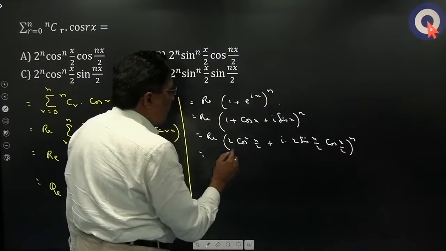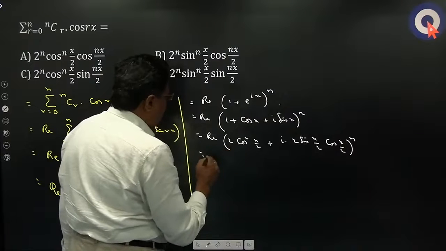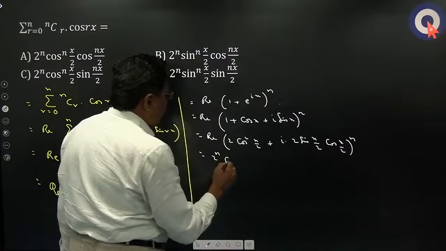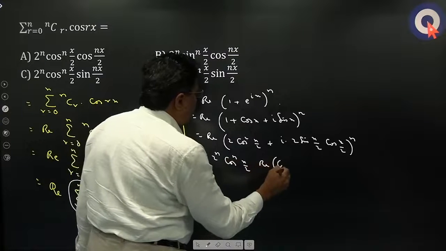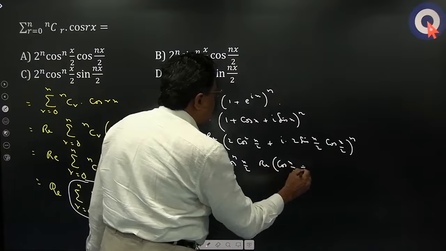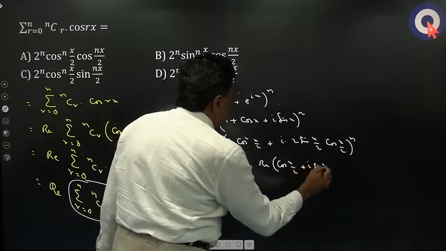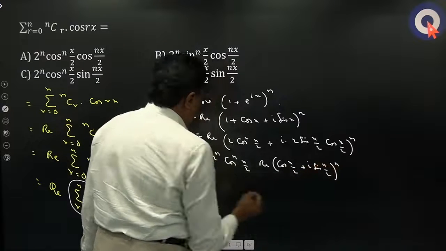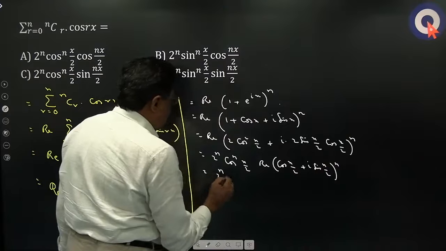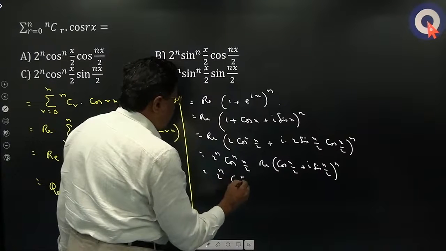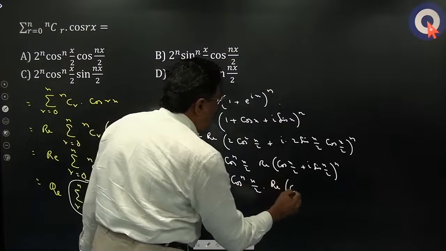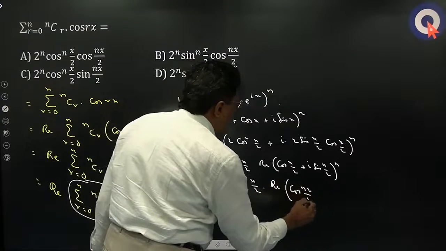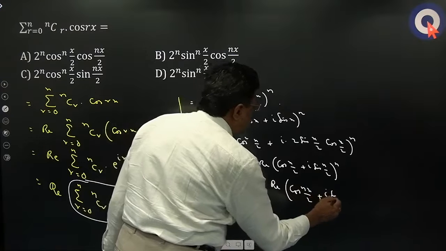So we shall pull out 2 cos x by 2, which becomes 2 power n cos power n x by 2 into the real part of (cos x by 2 plus i sin x by 2) whole power n. So by De Moivre's theorem, we can write this as 2 power n cos power n x by 2 into the real part of cos nx by 2 plus i sin nx by 2.